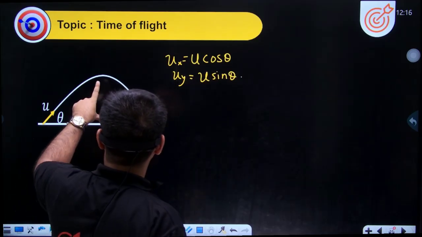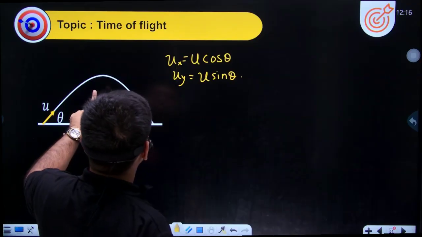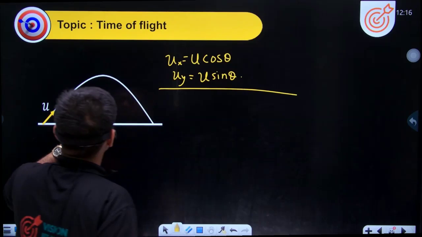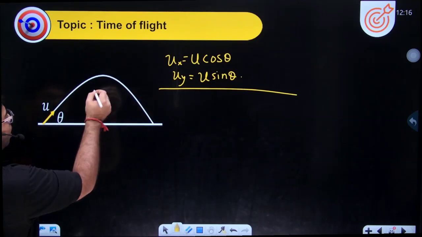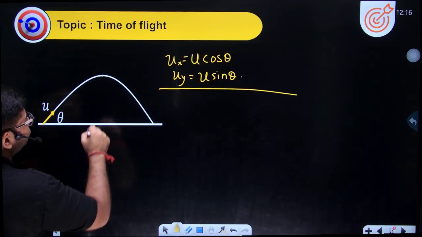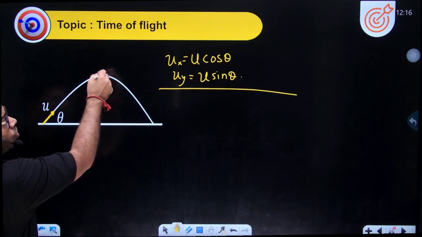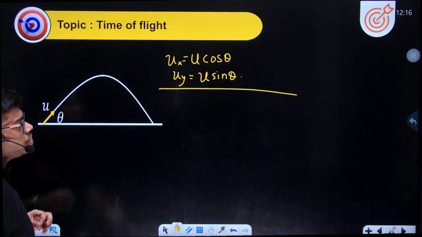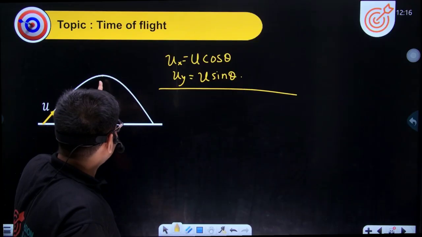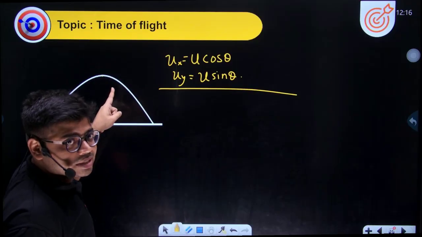For the time of flight, first and foremost what you do, to find out the time of flight, you see the time of flight I said na, how you will find out at this highest point, which is the h. Here my uy is going to be 0. So you just put uy 0 there. So final velocity of y component is becoming 0.